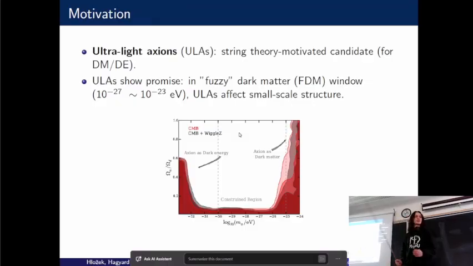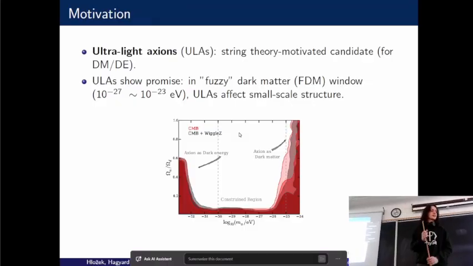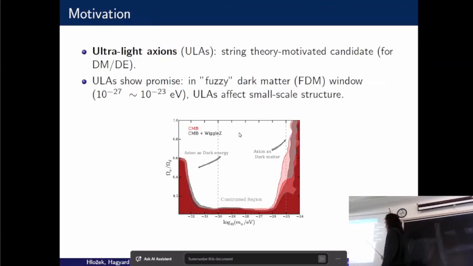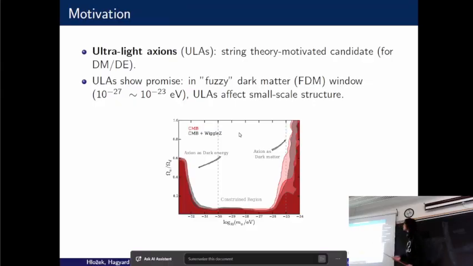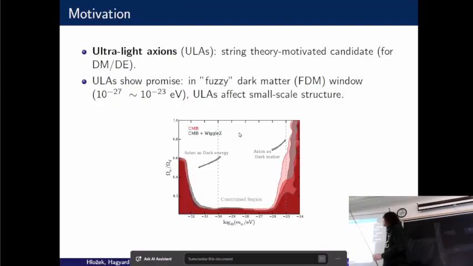So in other words, it's possible for axions to exist with varying masses over the scale of what's called the fuzzy dark matter window, the FDM window. And this window is approximately between 10 to the negative 27 and 10 to the negative 23 electron volts. While based on string theory, axions can exist anywhere between 10 to the negative 33 and 10 to the negative 10, so beyond this window. This is really just a subset of the window in which axions can exist.